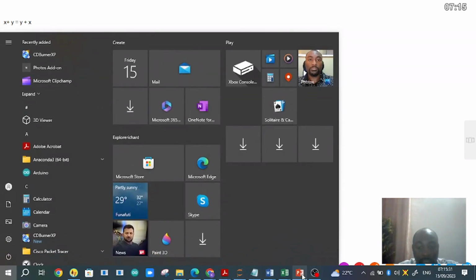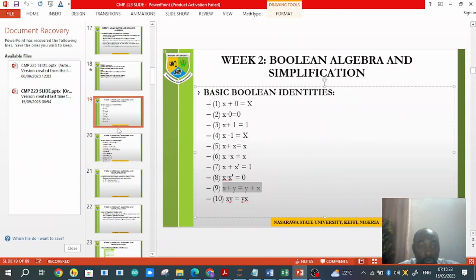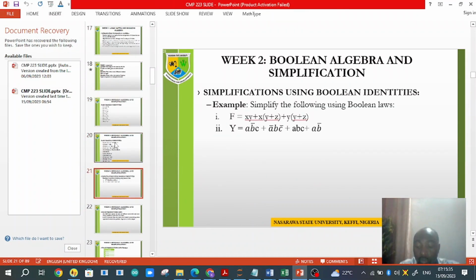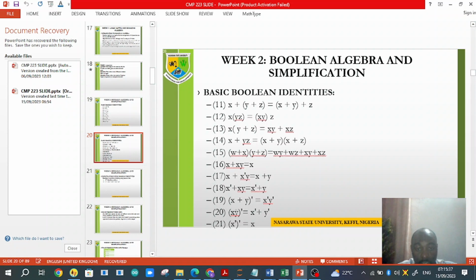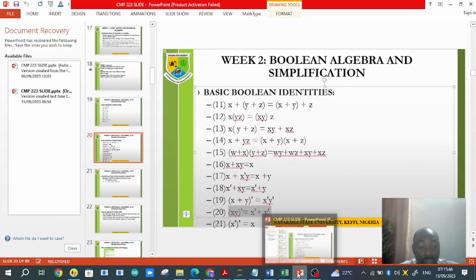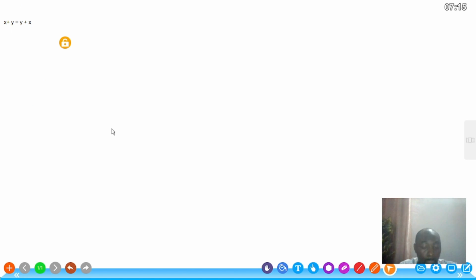Let's just copy the two of them so that we know the two we'll be looking at. The second one has to do with xy all prime is equal to x prime plus y prime. So these are the two examples we are going to look at in order to demonstrate.